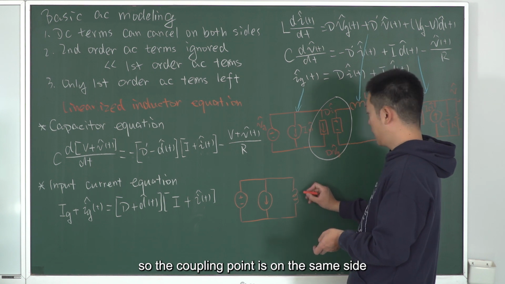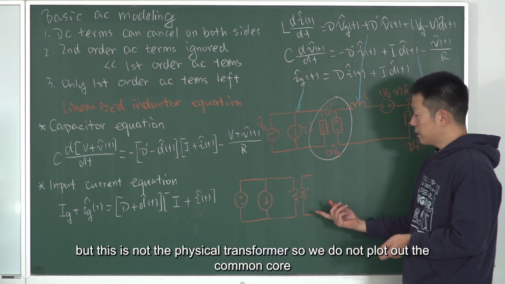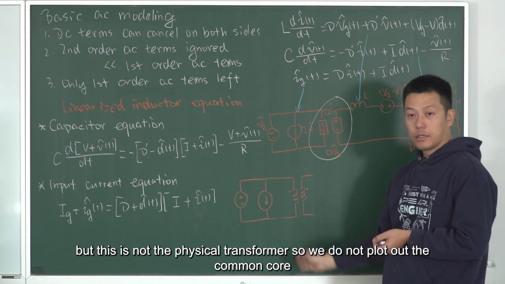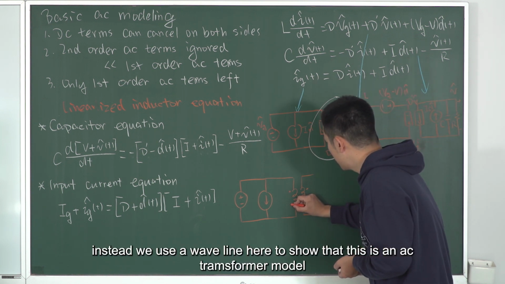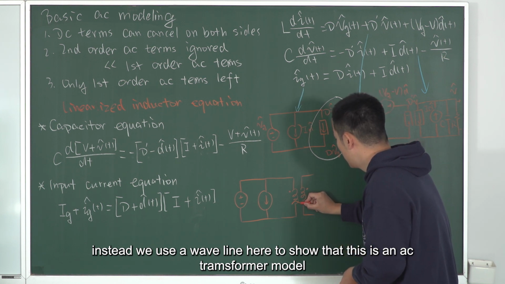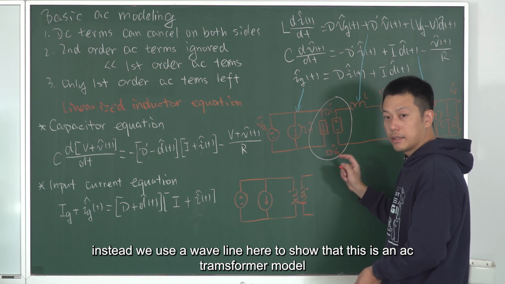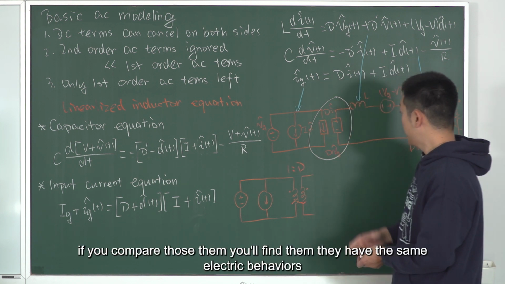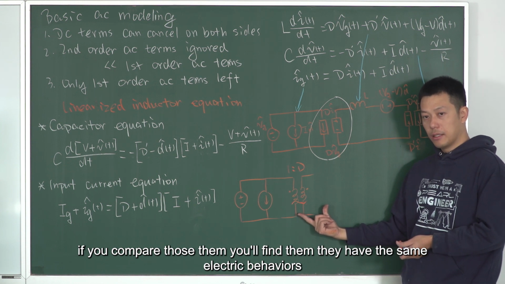The coupling point is on the same side. But this is not a physical transformer, so we do not plot the common core. Instead, we use a wavy line here to show that this is an AC transformer model. The turns ratio is 1 to D. If you compare them, you will find they have the same electric behaviors.